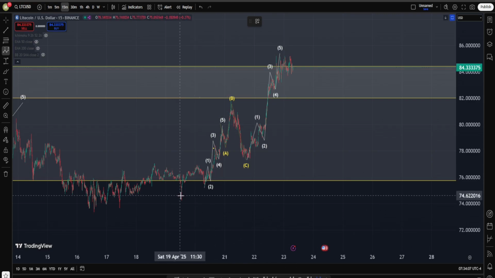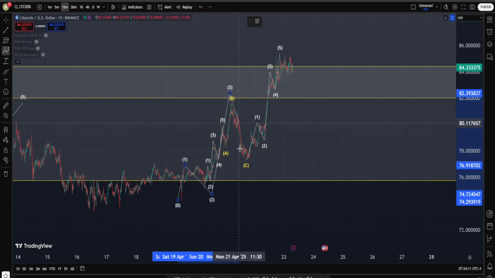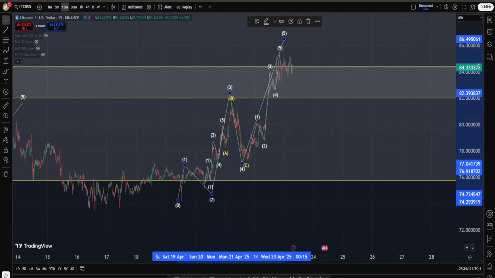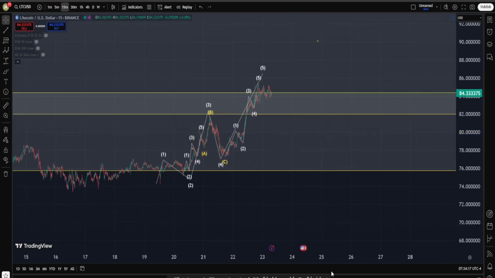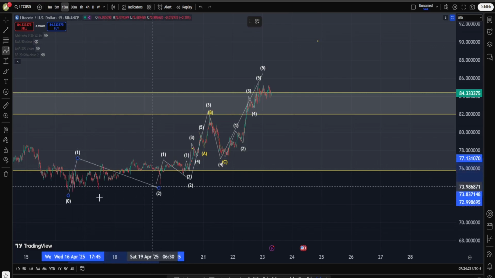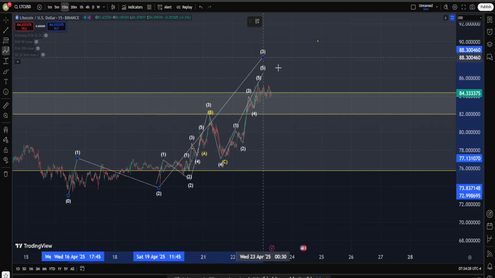Now, on a higher degree, I believe this can be a 1, a 2, wave 3, correction for 4, and another move on the upside into wave 5. And this is the key: even on a higher degree, I believe there's a good chance that we are having a 1, 2, probably to about this point, and then 1, 2, 3, 4, 5 wave up into wave 3.